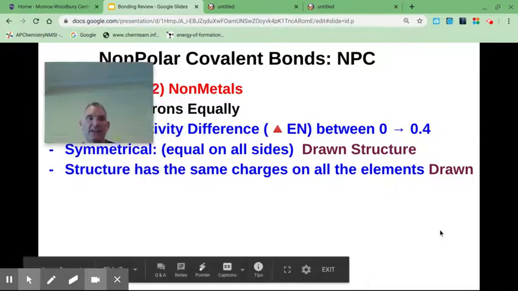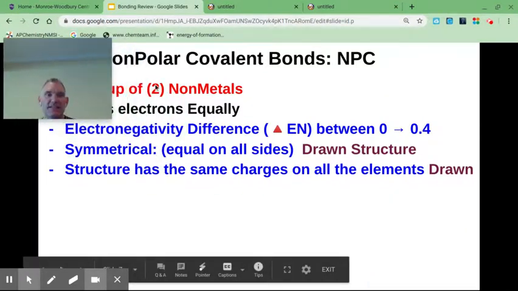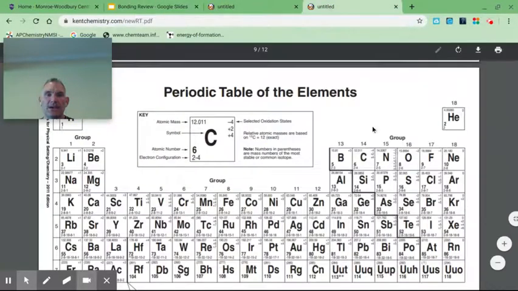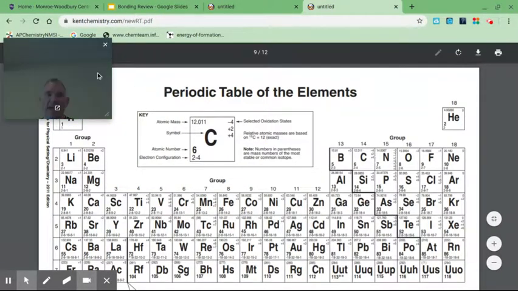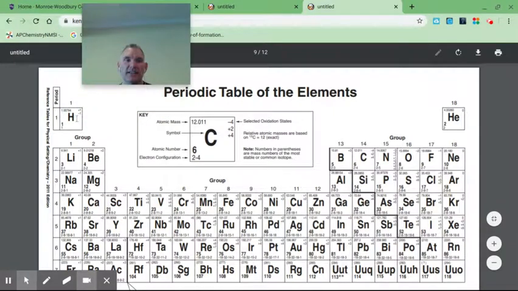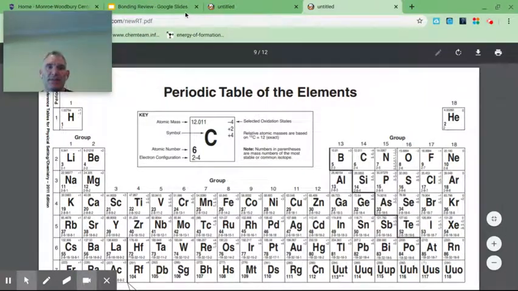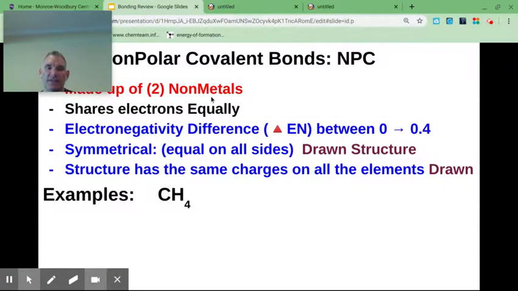So let's move my face out to the corner and let's do an example. So CH4, okay? If I go to my periodic table, carbon is on the right and H is right here on the left, okay? Remember, a nonmetal on the left-hand side. So I know it's two nonmetals.